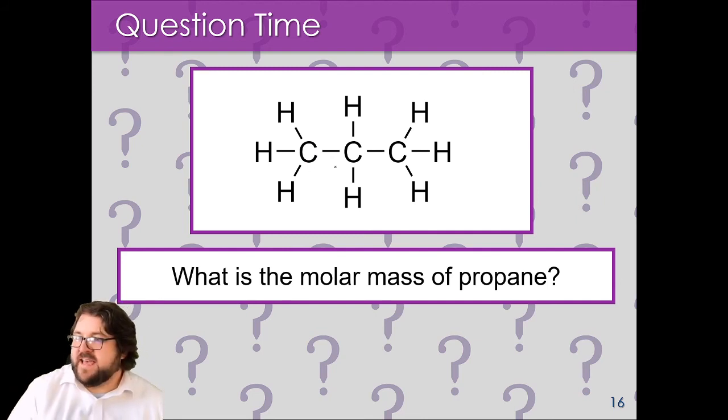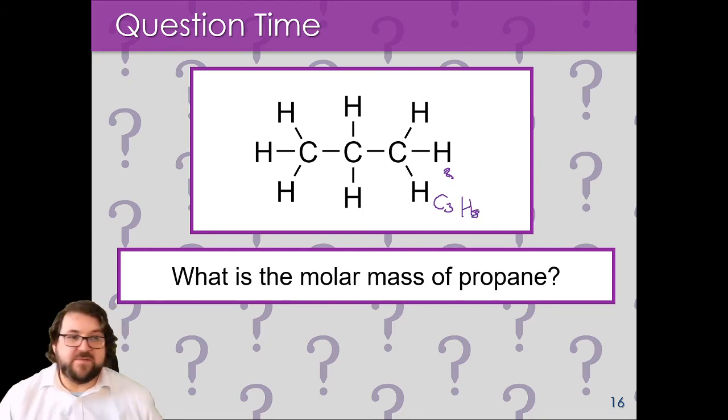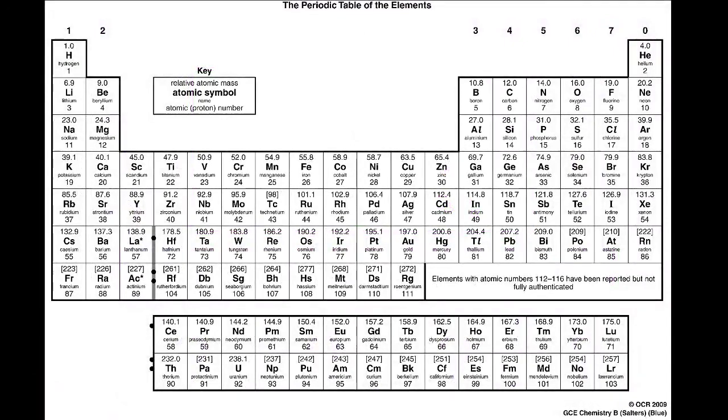First of all, there are 3 of these, so I've got C3H8. I need to know the molar mass of carbon, so I have a quick look at the periodic table. Carbon is there in the 2p2 position in group 4. It's got proton number 6, and I can see that the mass number there is 12.